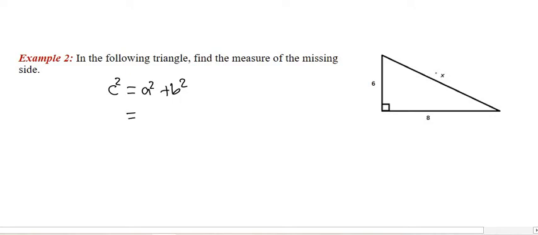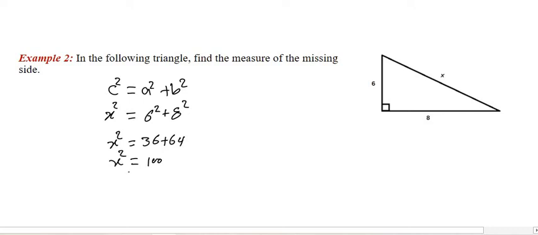X is the required, which is hypotenuse, so c simply equals x. So c squared equals x squared, and a could be in one of them. So let's say 6 squared plus 8 squared, and x squared equals 36 plus 64, which is 100.